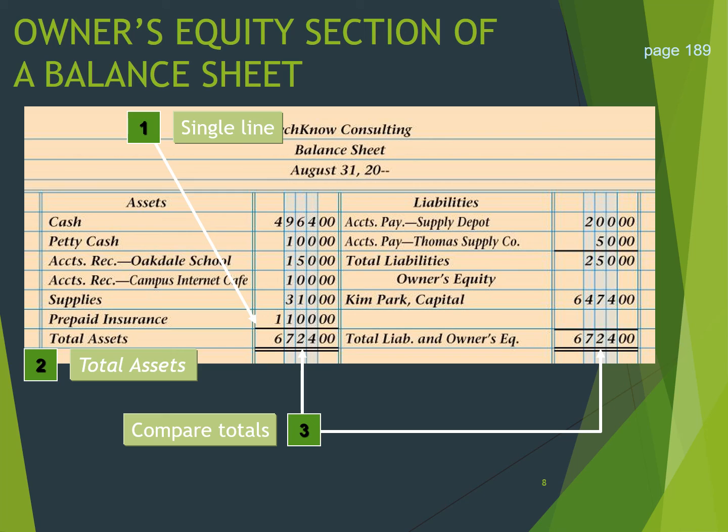We then compared our totals of $6,724 for assets to our total liabilities and owner's equity of $6,724. They are in balance. So then, since assets equals liabilities plus owner's equity, we will double rule both our total asset amount and our total liabilities and owner's equity amount.